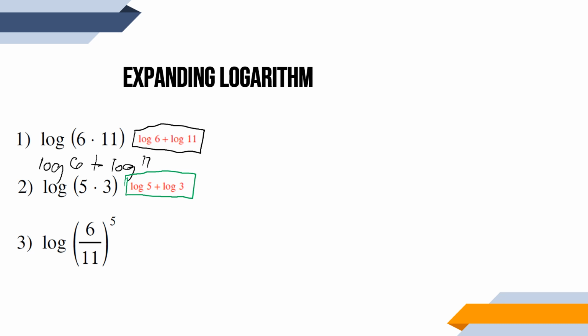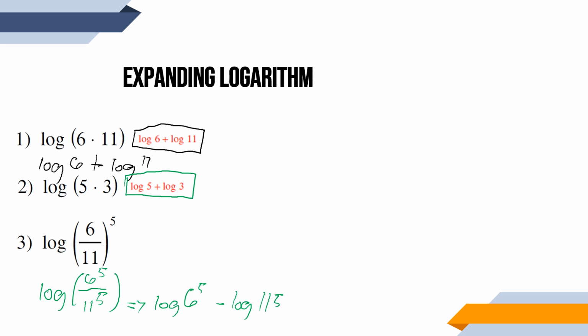This is equal to log, distribute the 5, which becomes 6 raised to 5 over 11 raised to 5. Since we are dealing with division, we are going to subtract. So we get log of 6 raised to 5 minus log of 11 raised to 5.